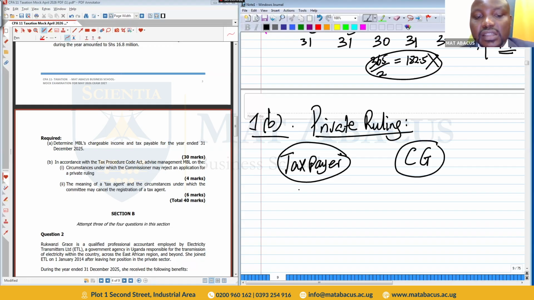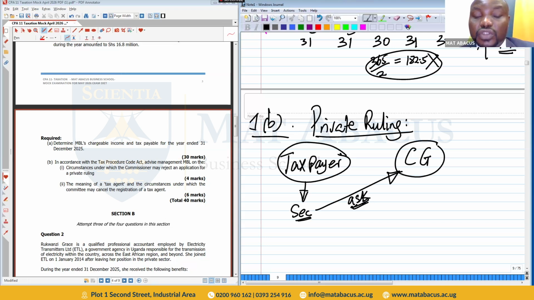The taxpayer has a concept or a section in the tax law that is not clear to him or her, and formally asks the Commissioner General to provide his understanding of the application of that section of the tax laws.